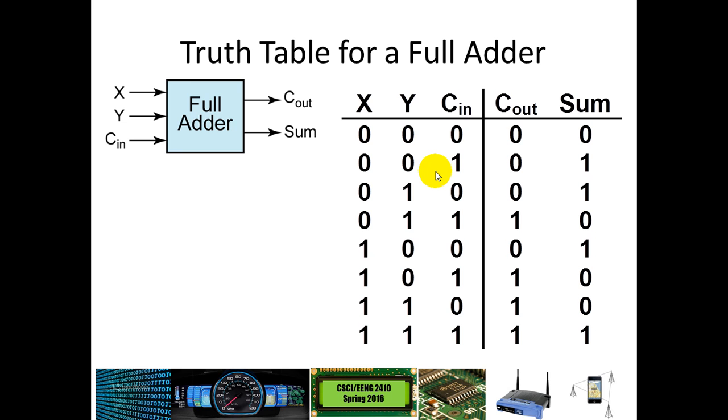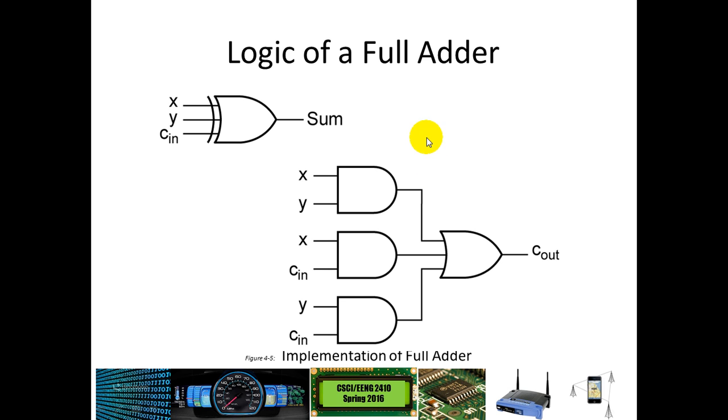If we were to write the logic here, the carry out happens whenever we have at least 2 of the inputs. That could be the 2 bits being added, or if we have a bit being added and the carry in. So if we have any of these combinations where you have at least 2 bits being added, you will have a carry out, because that means the sum is 2 or greater.